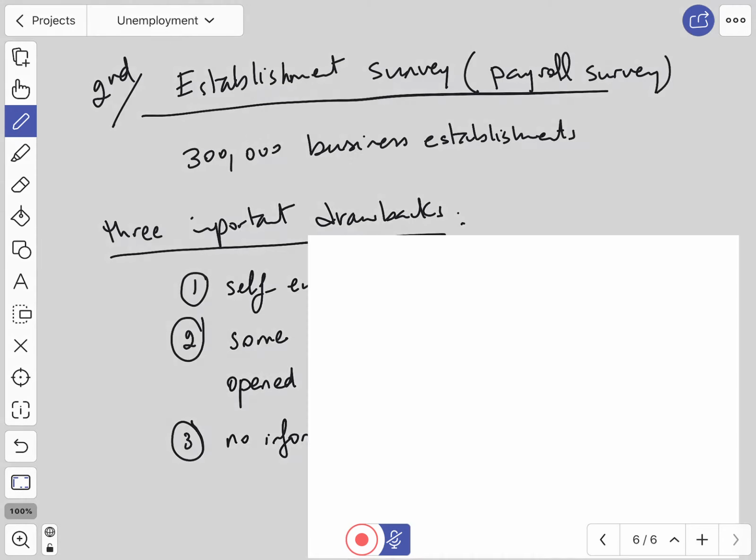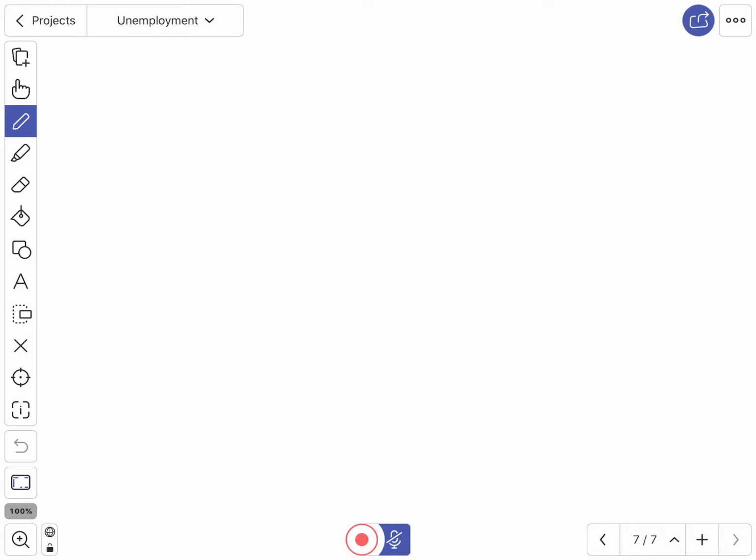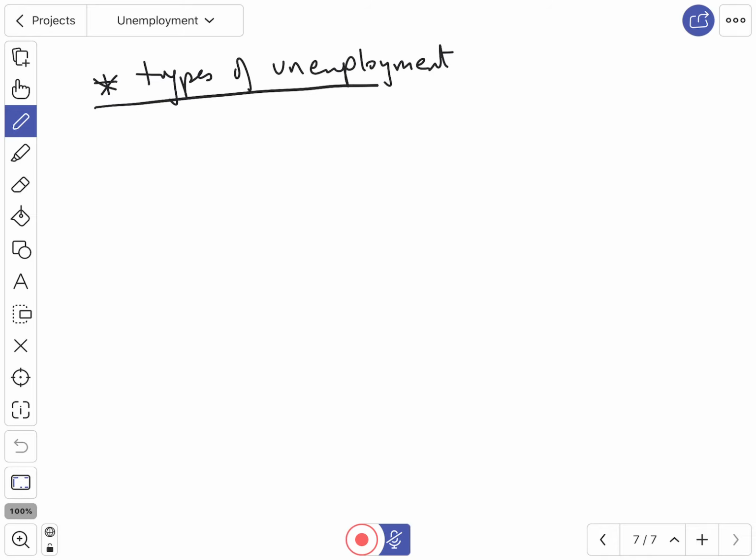The next point I'm going to talk about, which is the final point in the unemployment topic, is the types of unemployment. When you say I don't have work, you can be classified into different categories of unemployment.